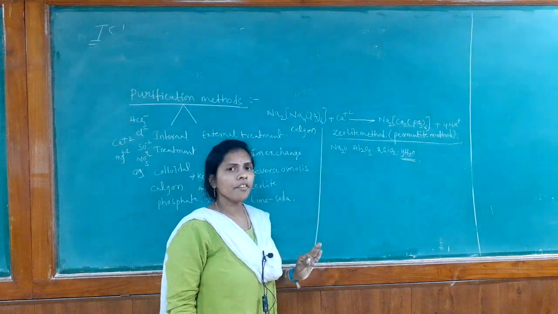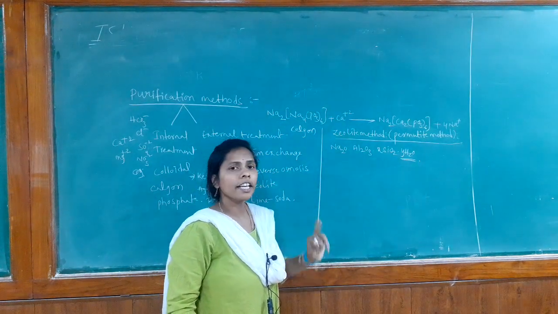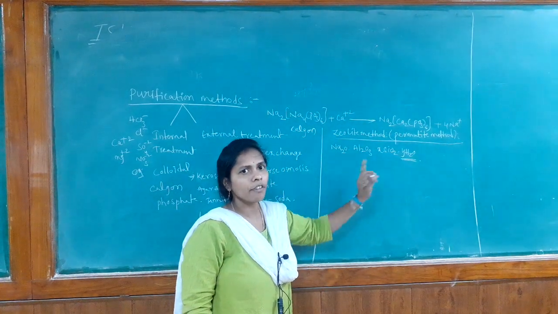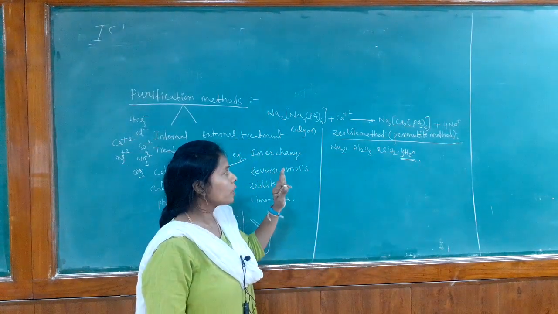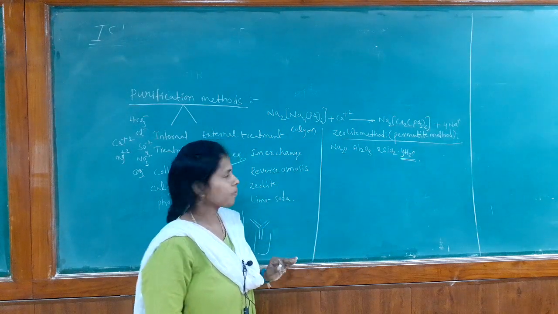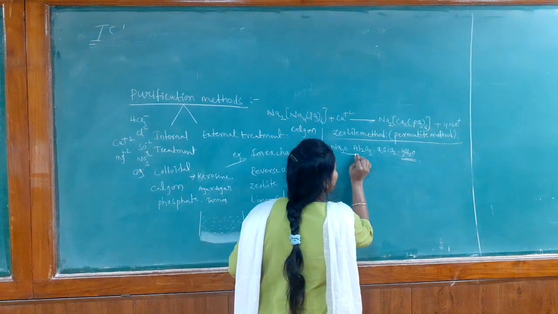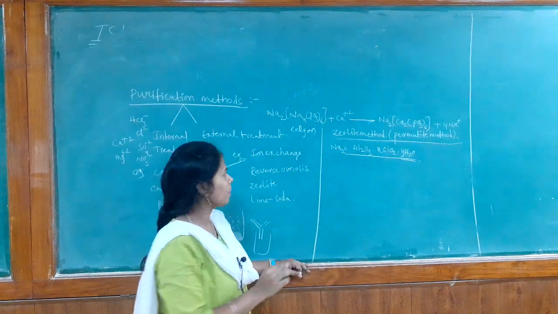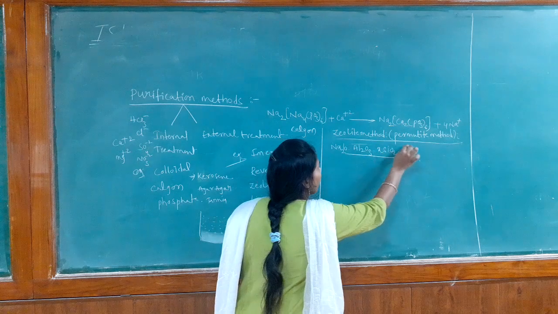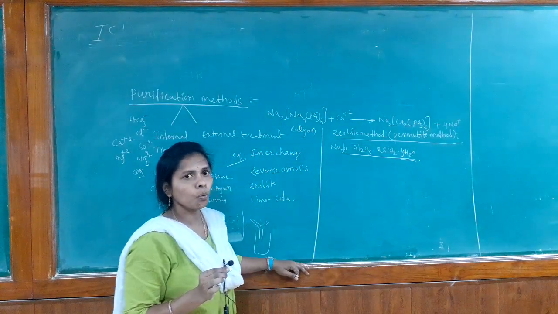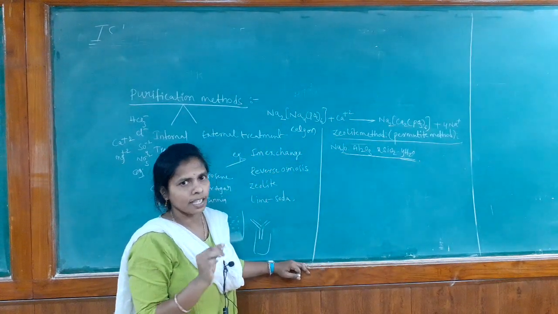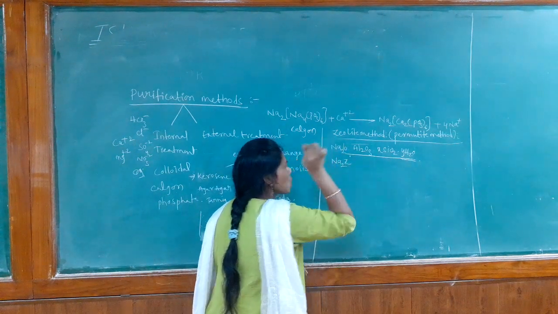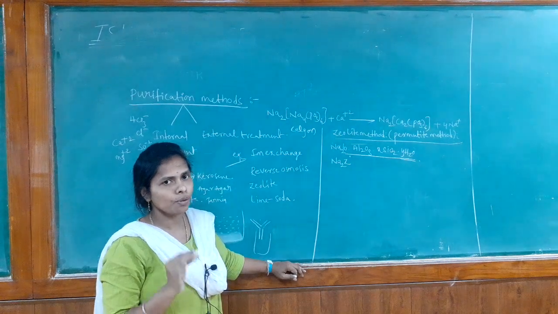Here x can be from 2 to 6 and y can be from 2 to 8. So that is the formula of zeolite. This can be mentioned as sodium zeolite. In place of Al2O3.xSiO2.yH2O, we can write Z. So simply this can be written as sodium zeolite, that is Na2Z.